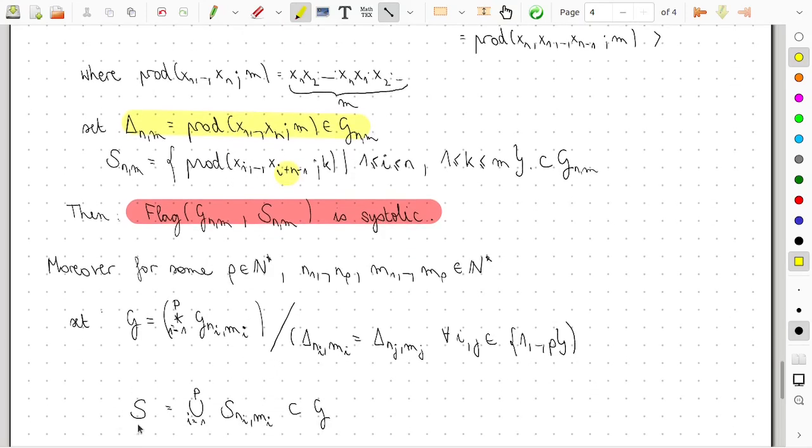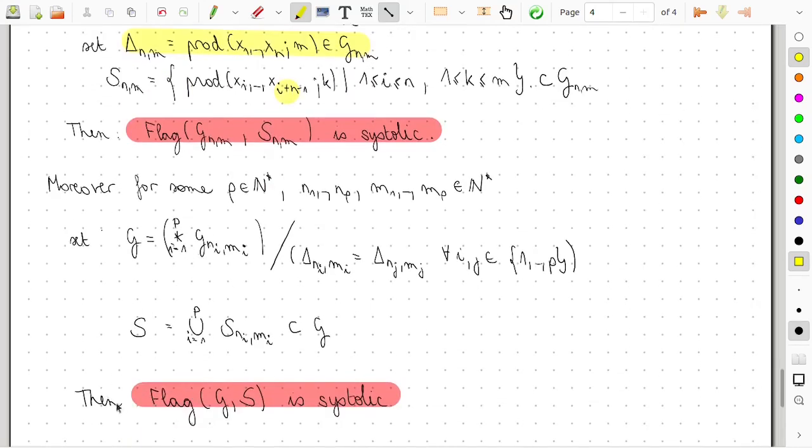If I consider the generating set S, which is the union of the generating sets from the G_{n,m}'s, the presentation of G using S will be a restricted triangular presentation. Moreover, S will satisfy the conditions of our theorem, so the flat complex of G with respect to S is systolic. Note that G acts geometrically on this flat complex. Hence, since this flat complex is systolic, so is G.